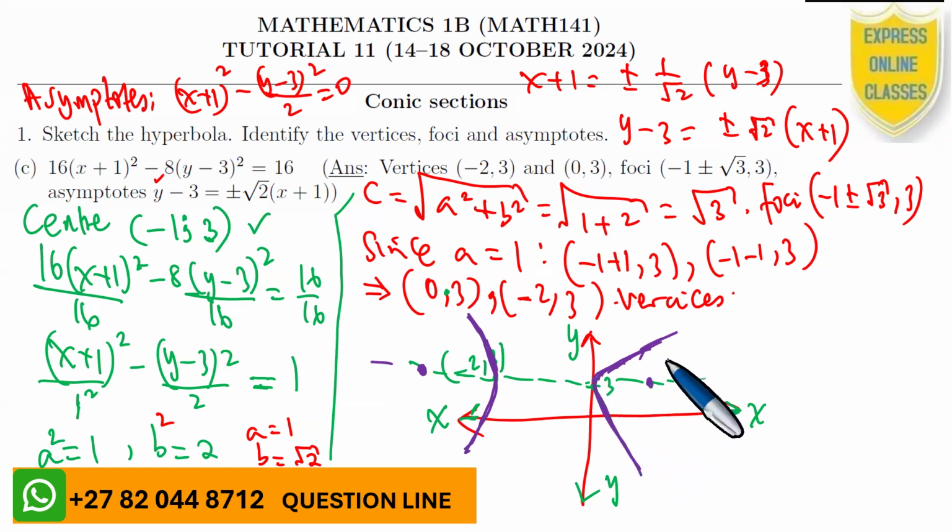Right, so the foci then is going to become this one. So the square root of 3 is like 1 point something, but minus 1 is then going to be 0 point something. So it's going to be minus 1 plus the square root of 3. And the other one is going to be minus minus.